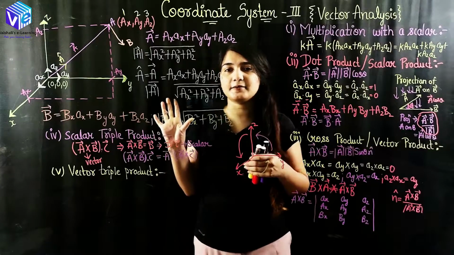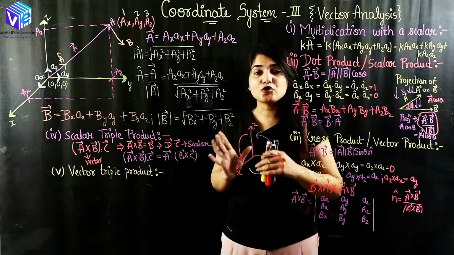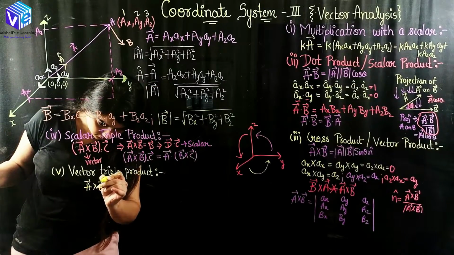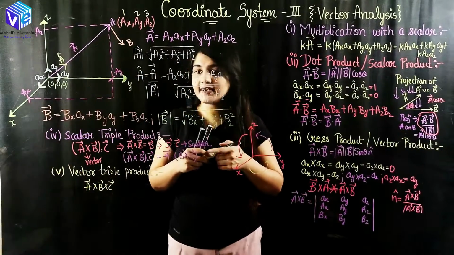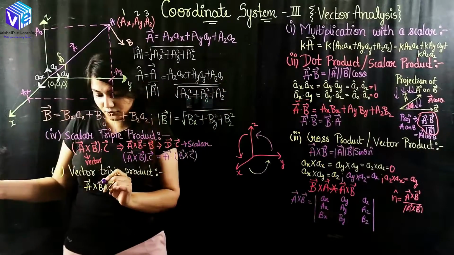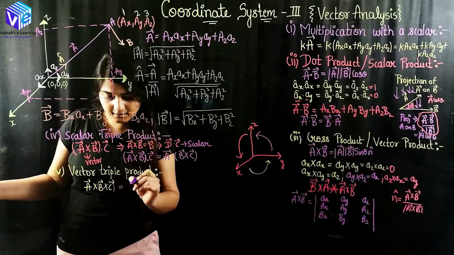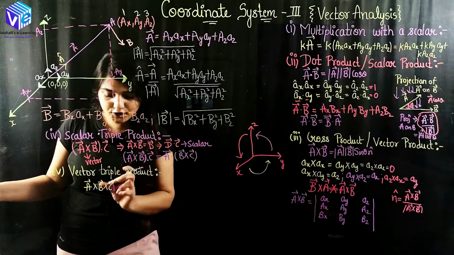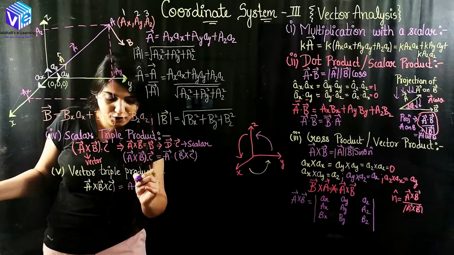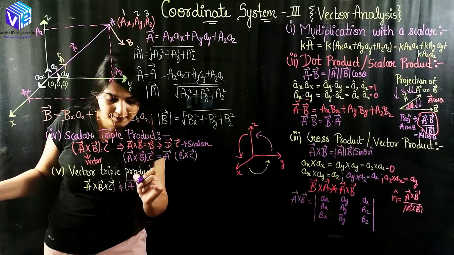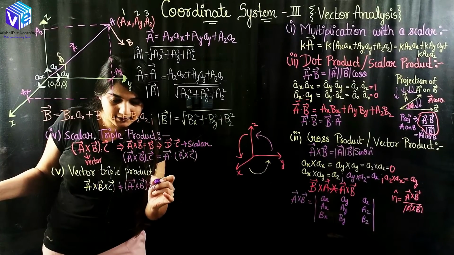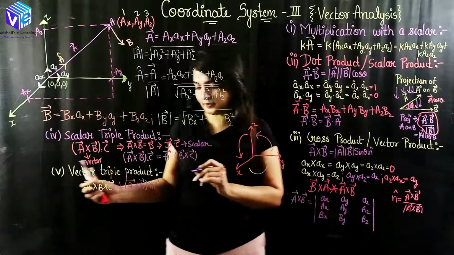Now coming to the vector triple product. As the name suggests, the output has to be a vector. If I take A vector cross B vector cross C vector, this is giving me the vector triple product. Now here A vector cross B vector cross C vector is not equal to A vector cross B vector cross C vector with the brackets shifted, so this is not commutative.